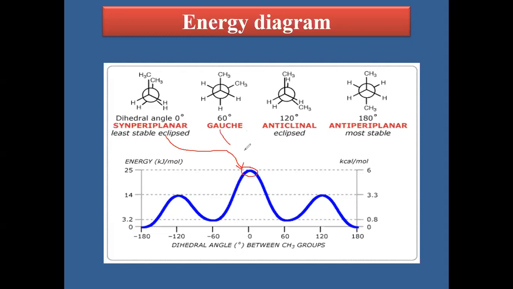We have a 60-degree gauche form, then we have an anticlinal form, and then we have an anti-periplanar form. Here you can see that in the anti-periplanar form it has the least energy. That's why it is highly stable.